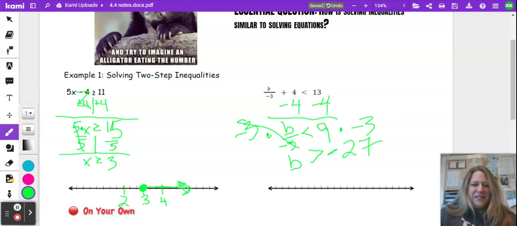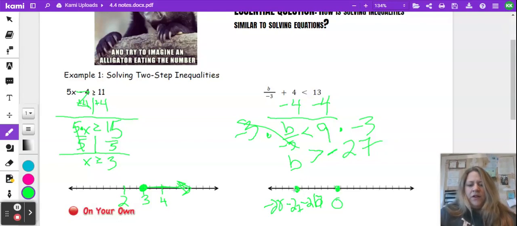Yes, that's right. Okay, so we'll put a 0 here, and then we'll just go negative 26, negative 27, negative 28, and we'll put the little dot here. Oh no, hold on, I gotta pause you.